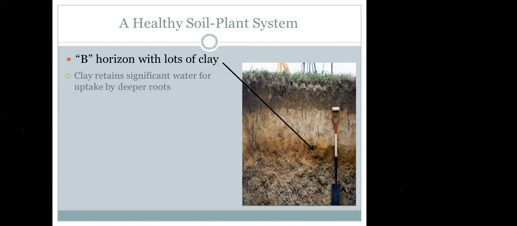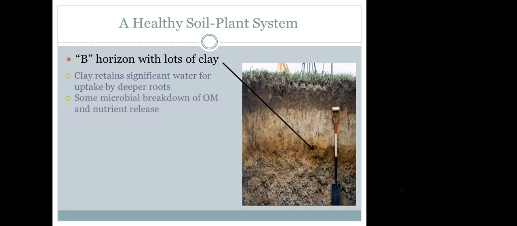So the plant roots that get down into the B horizon are oftentimes those deeper roots, but those deeper roots are very important because they can tap into a good bit of water that's stored down deeper, which would be very important at a time like now when the soil is going to be fairly dry and dusty. So those deeper, not exactly tap roots, but deeper roots can get down in that B horizon and suck up some of that water that's being held by the clay down there.